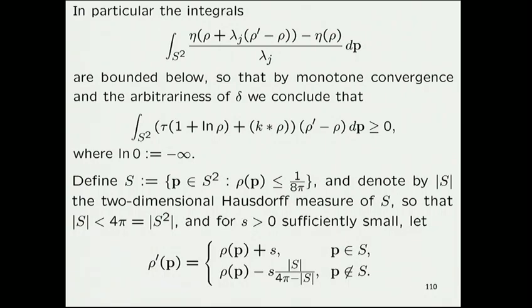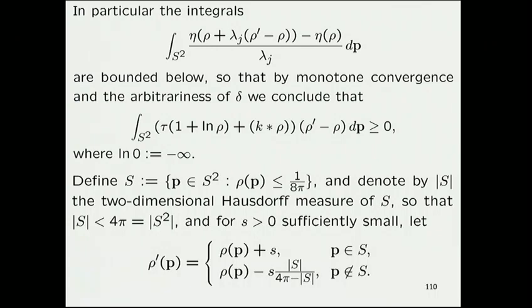Okay, so now what I'm going to try and show is that rho is strictly positive almost everywhere. Now it's not obvious because rho log rho is 0 when rho is 0, so in principle it could be. So we do a particular variation to prove that.